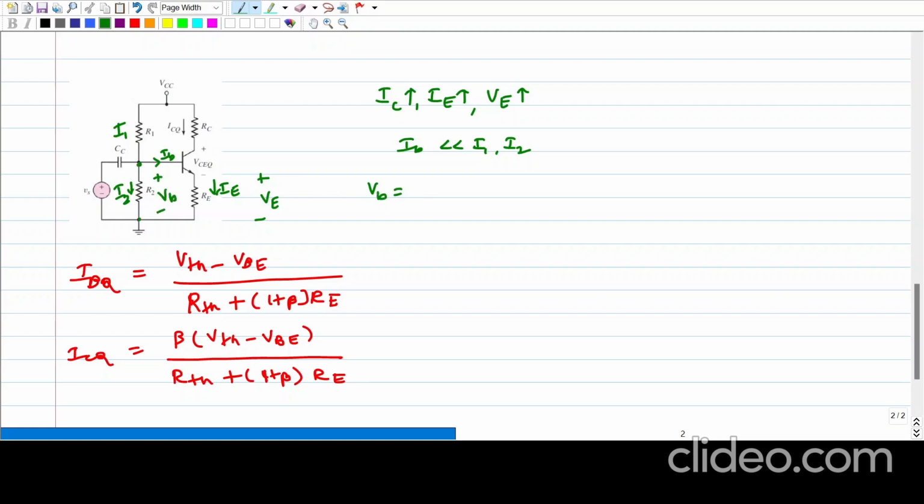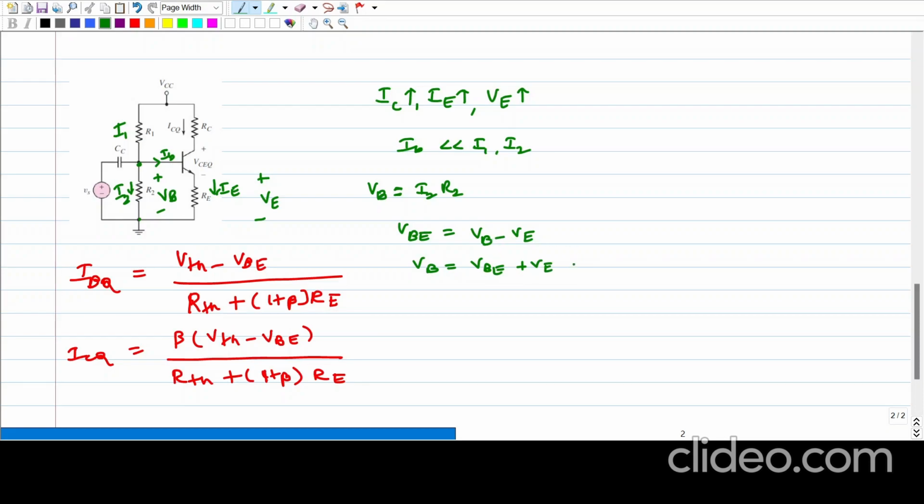The voltage across the base can be approximated as the voltage drop across this resistor R2, so it is approximately I2 R2. Now we know VBE is VB minus VE, so VBE can be written as VB minus VE.